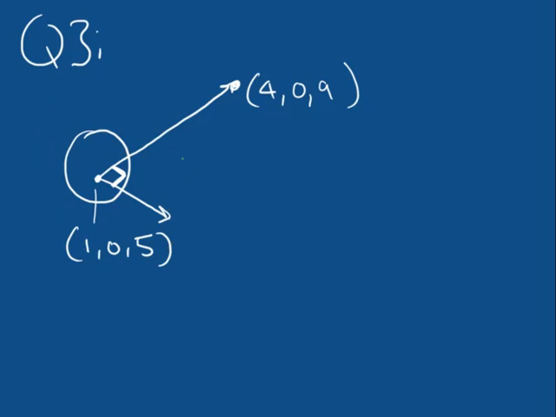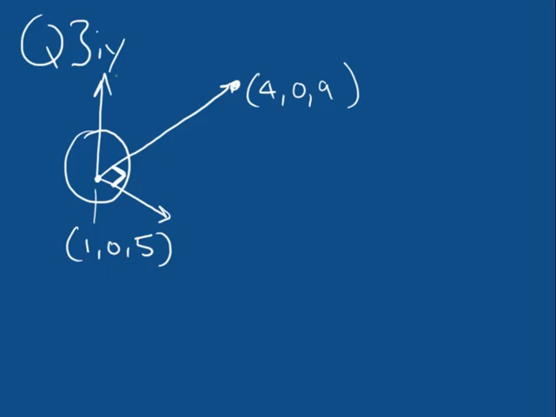Well, from logic, because the ball is rolling on the XZ plane, and we know from our experience of rolling a ball along the ground, that if it's rolling in that plane, this axis of rotation is going to be parallel to this plane, or in other words, perpendicular to our y-axis.